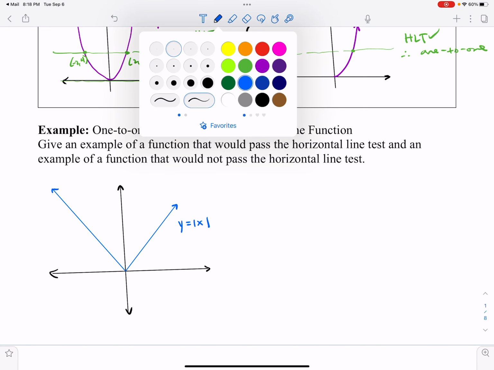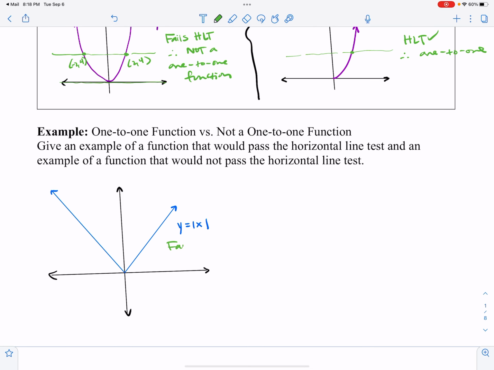Fails the horizontal line test, and is therefore not a one-to-one function. A function that would pass the horizontal line test would be like square root of x.